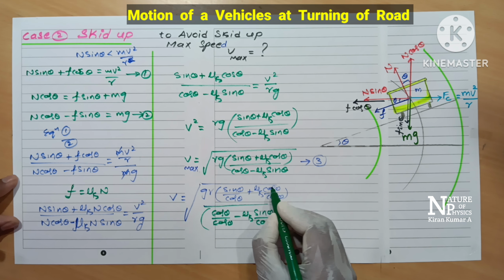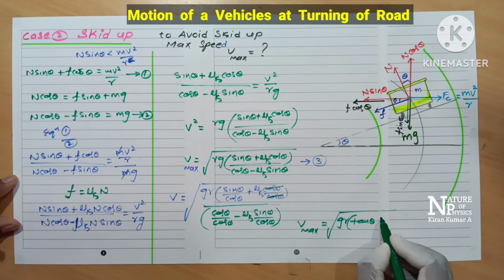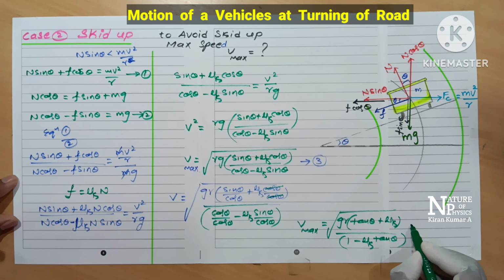Cos theta cancels, so the velocity equation: v max is equal to root over gr into (tan theta plus mu k) divided by (1 minus mu k tan theta). See there, I can write this as equation number 4.